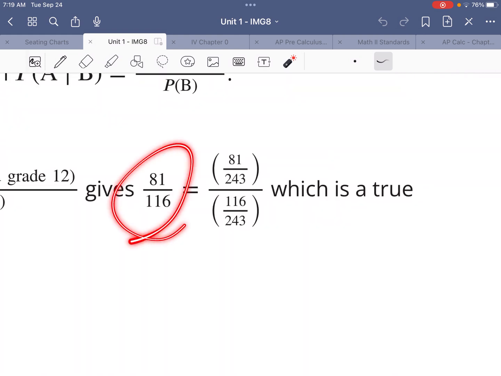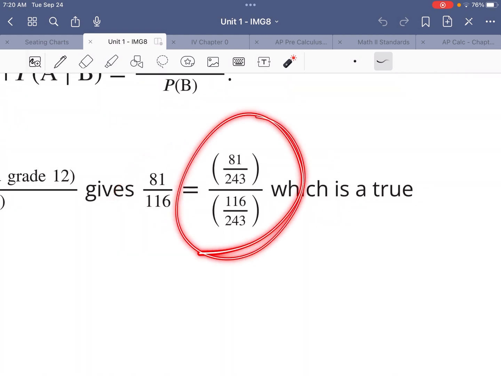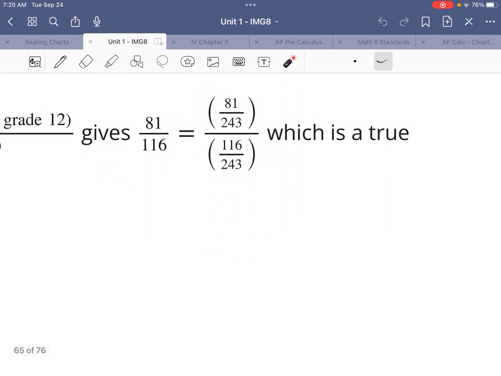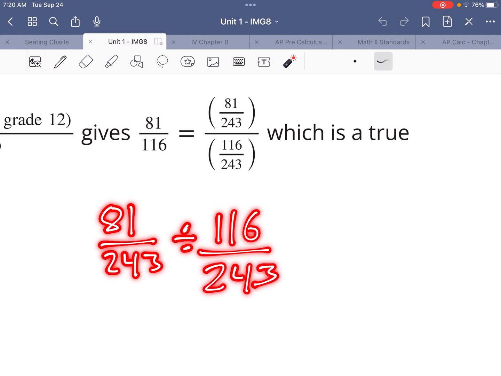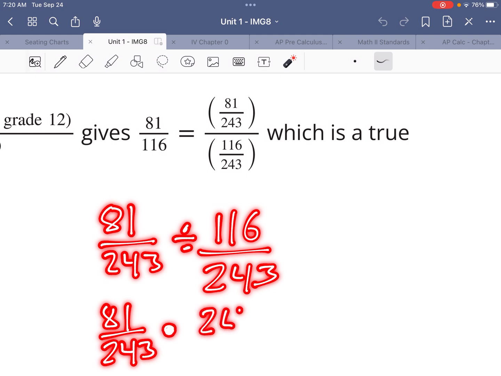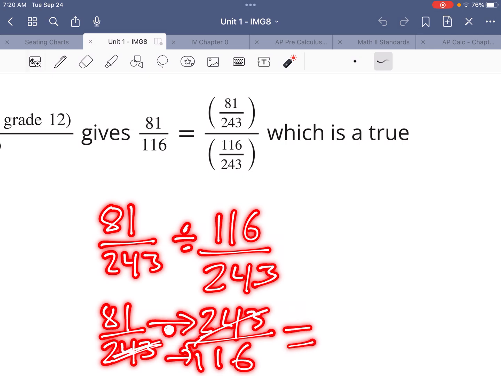Now, to figure out where this 81 over 116 came from, we just have to keep in mind that this is a complex fraction. That's 81 over 243 divided by 116 over 243. And that's where the keep, change, flip rule comes into play. We leave the first fraction alone, change that to a multiplication, and then multiply by the other fraction flipped over. The 243s cancel, multiply straight across, and we get 81 out of 116.